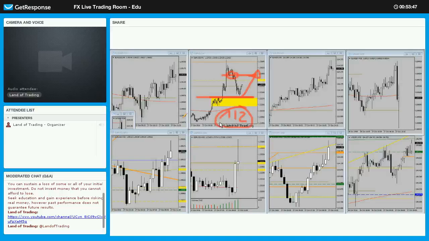Of course, we are not in a trade. I'm not in a trade right now because I missed by a few pips here.